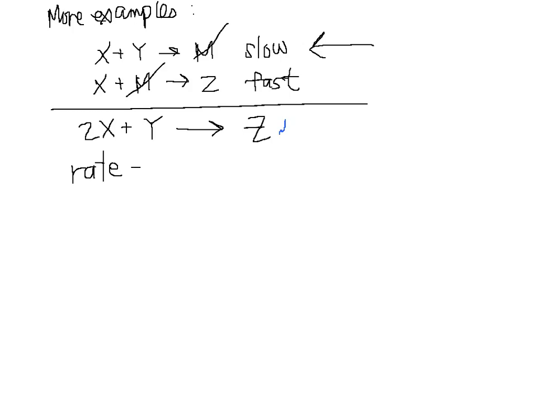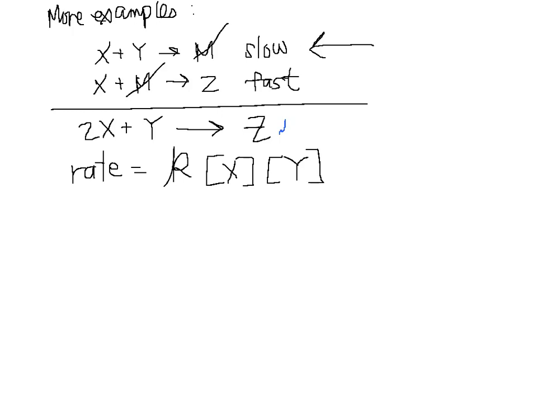So rate is going to equal K times the concentration of X and the concentration of Y, and that's it.